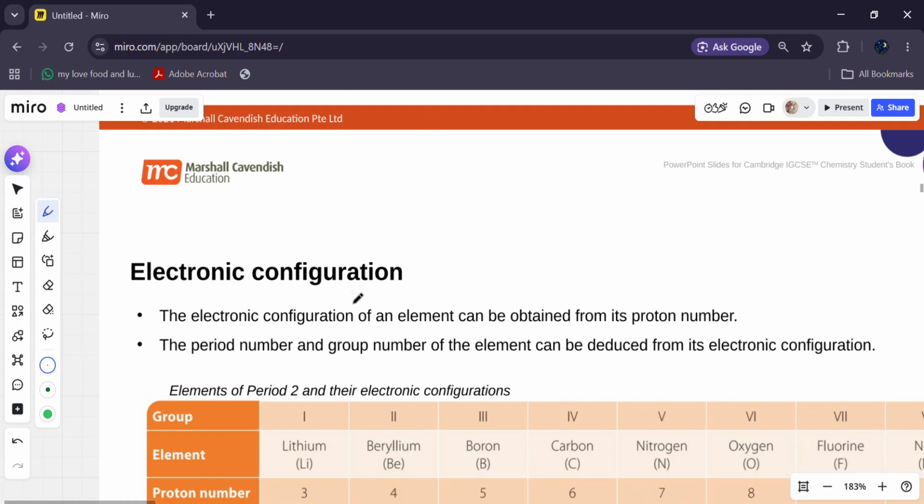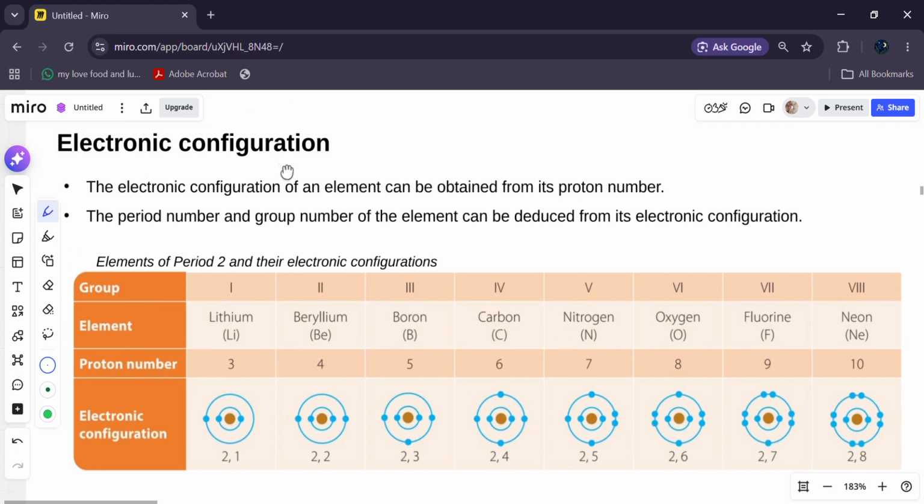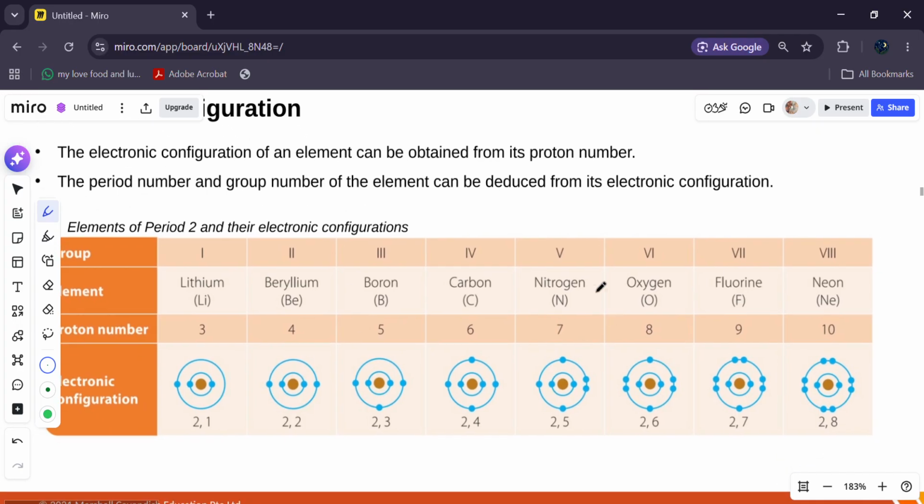Now we are moving on to electronic configuration. We can obtain the electronic configuration of an element from its proton number. From this, we will be able to deduce the proton number and the group number of the element. The electronic configuration of the elements in the periodic table is shown in this table.